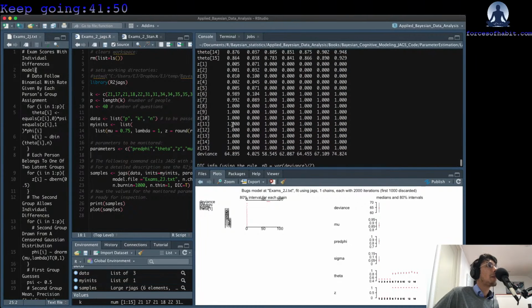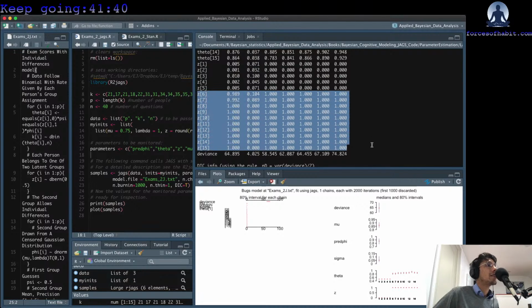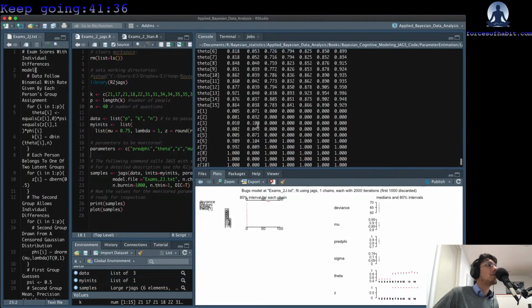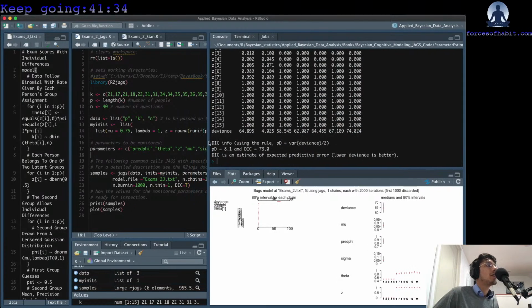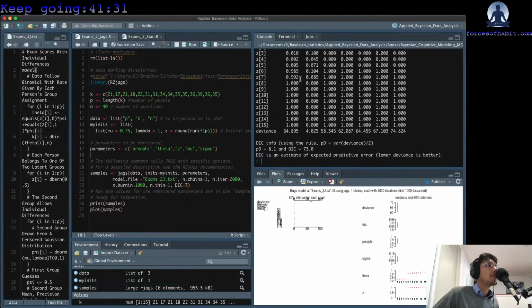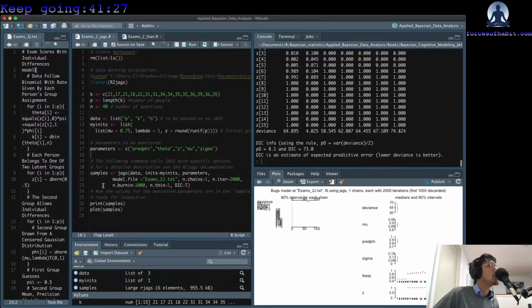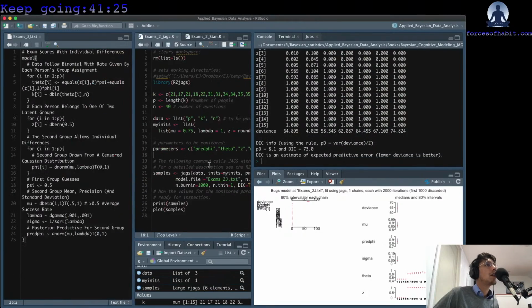And in terms of how well we were able to identify or predict whether someone was part of one group or another, it looks like we did a really great job. I'm pretty confident in these estimates, similar to the last question. We were able to get more information about it, but it didn't really change our interpretation of the results here.